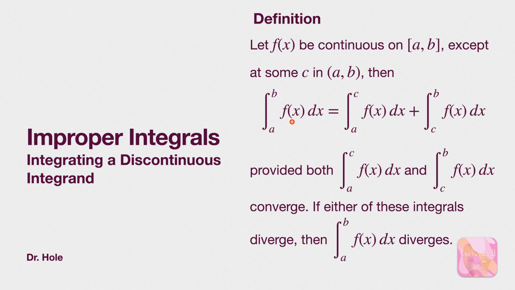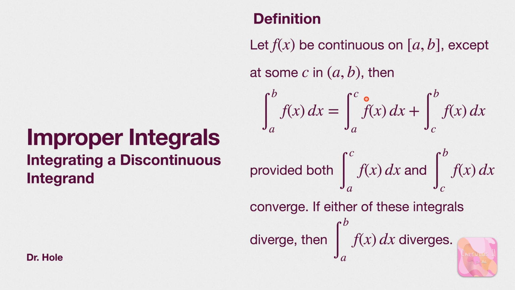The way that we handle an improper integral with discontinuity at some point c between a and b is that we separate out and write our improper integral as a sum of two improper integrals.